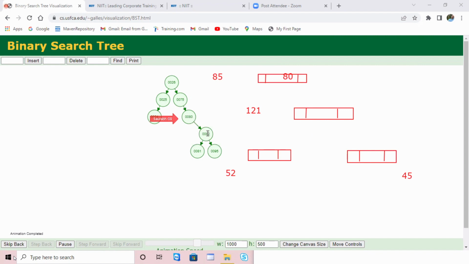In its right hand side it is having, because it is greater than 80. So I am talking about this node. So this node is containing a value called 82.